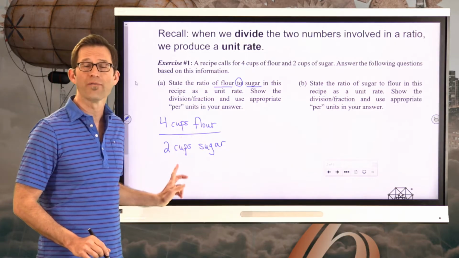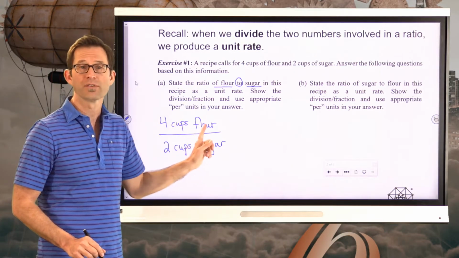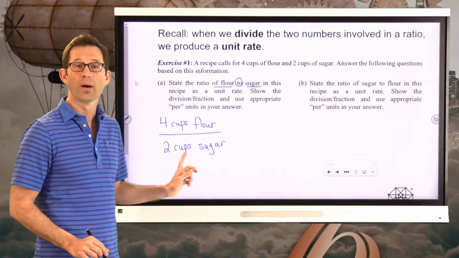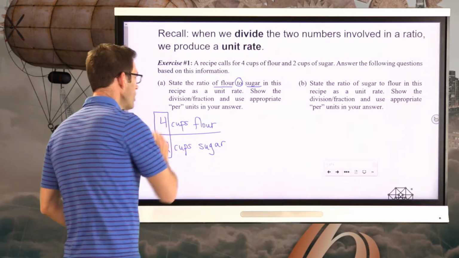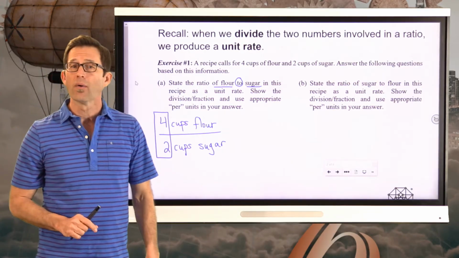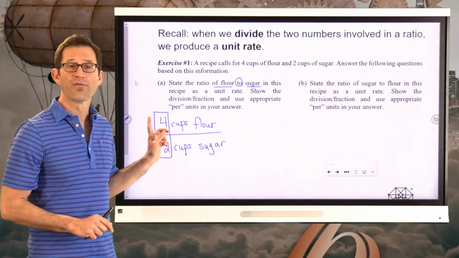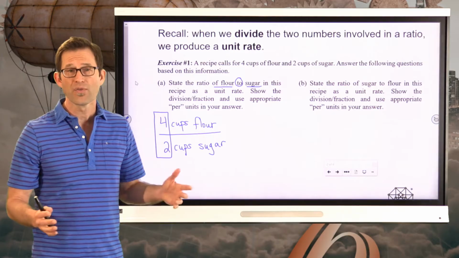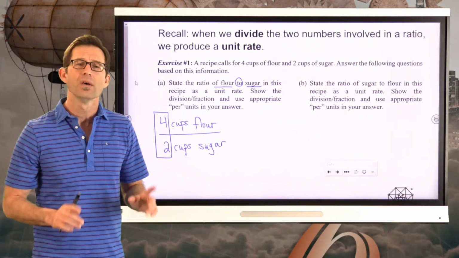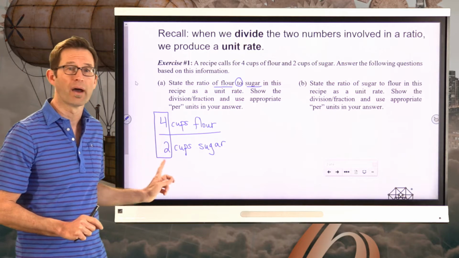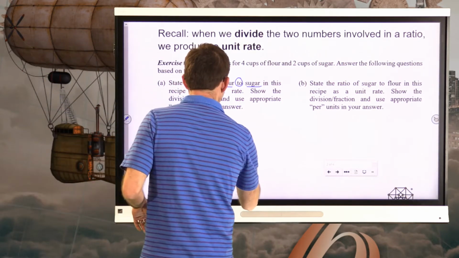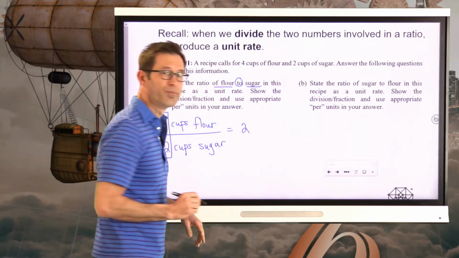Not just 4 divided by 2, but literally 4 cups of flour divided by 2 cups of sugar. Now, at that point, I really want you to look at this. Here, we can really think of this as just 4 divided by 2. We could also think about it as the fraction 4 halves, but first and foremost, I want to think of it in terms of division, 4 divided by 2. And of course, 4 divided by 2 is just equal to 2.